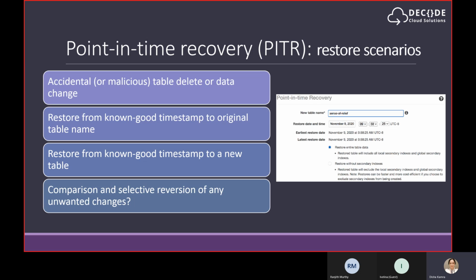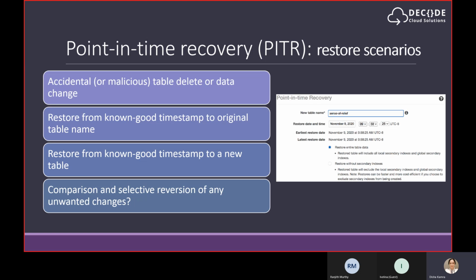Here's what the restore might look like in the DynamoDB console, which I'm showing in a screenshot. You can see that I must name a table to restore to, and that table must not exist. I get to choose any second in the 35-day window to restore from, and I can choose whether to restore with or without any secondary indexes.